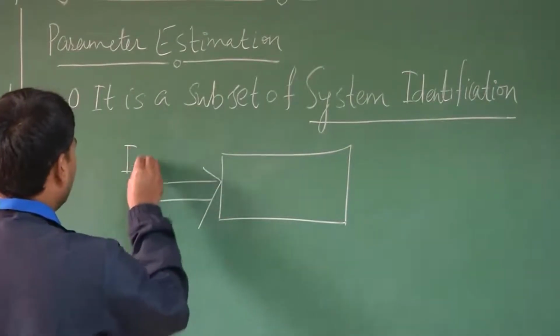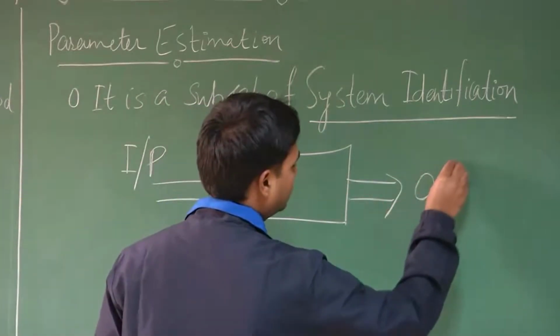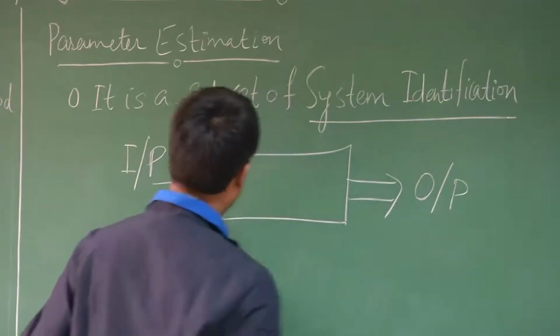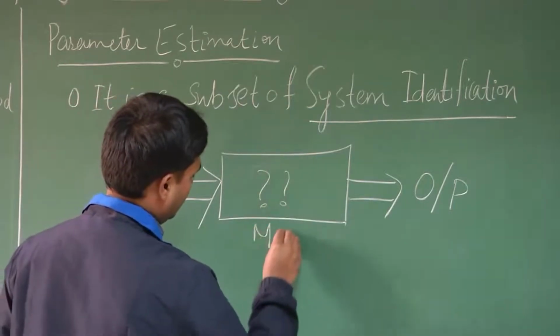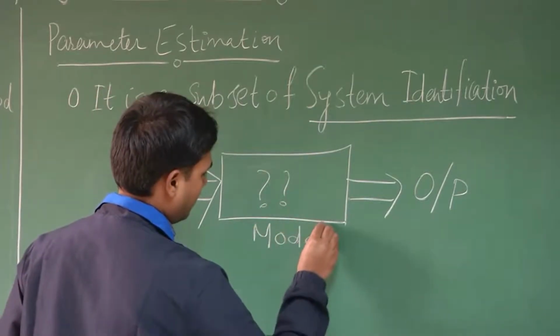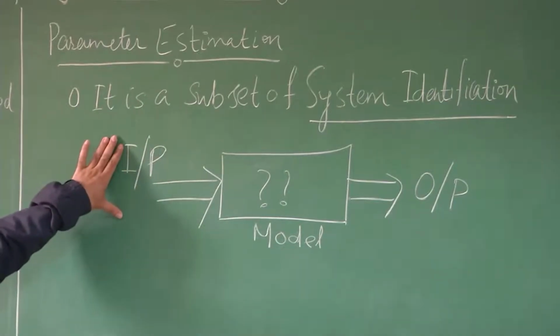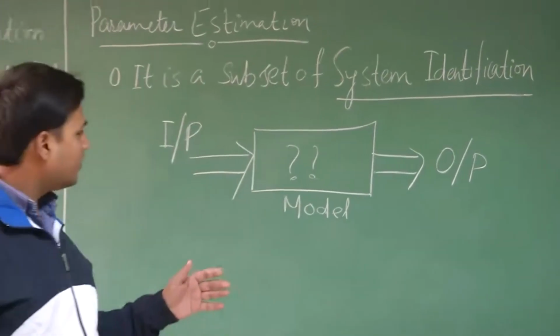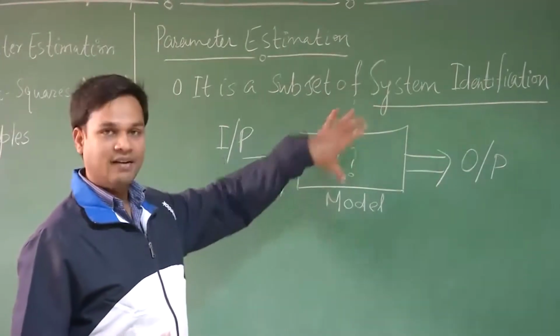So I'll write input and output data sets, and this is the model, right? So once you have sets of inputs and output and you are trying to identify the model, so this is basically a problem of system identification.